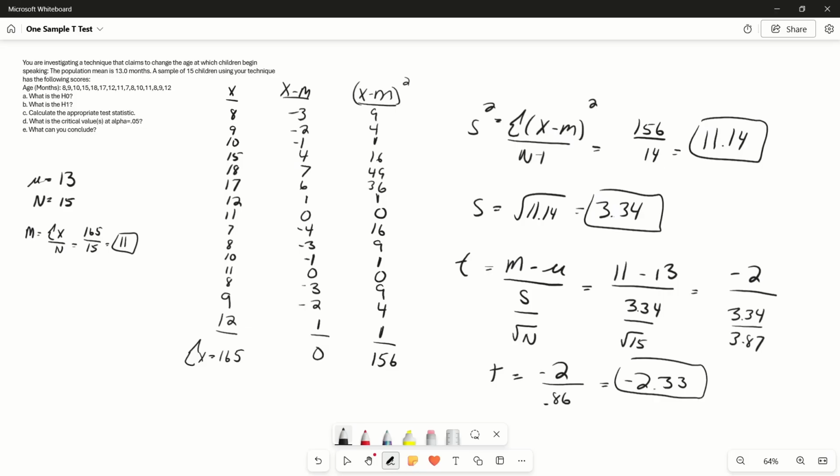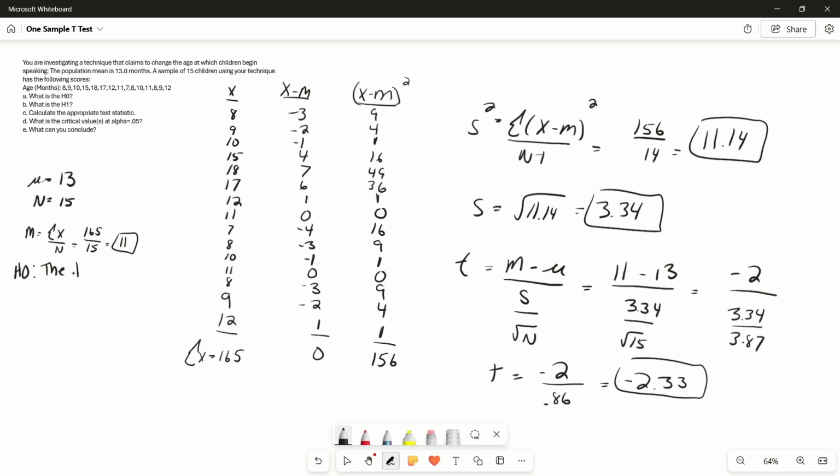So the question is, is this significant? Let's look at the hypotheses. Let's look at the null first. The null means no effect, no change, no difference. So this is the technique changes the age at which children begin speaking.